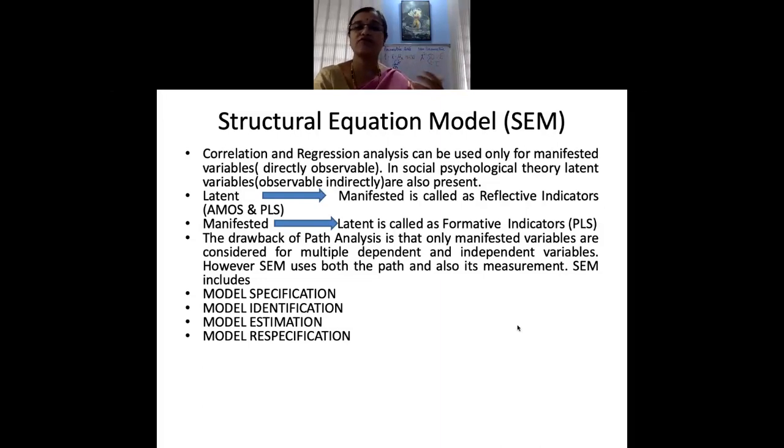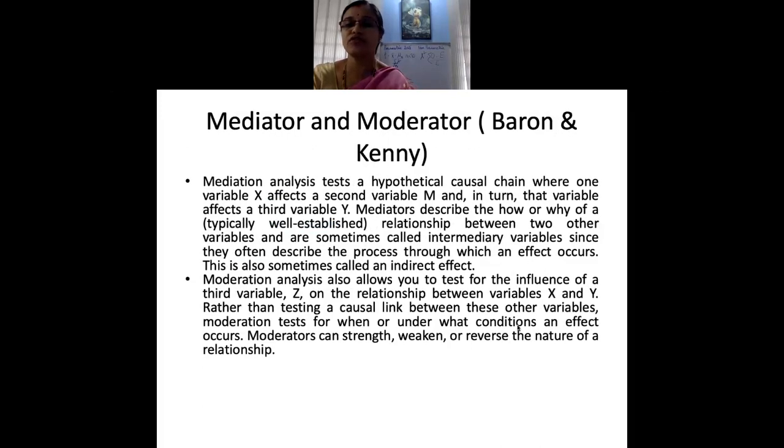So you can formulate formative indicators and reflective indicators, and see how they have an effect, that is, the dependent and the independent variables. SEM is a very, very good technique, an extension of your correlation and regression. So if you want to find out the direct effect and the indirect effect, you can use SEM analysis.